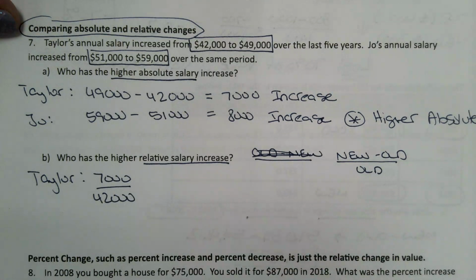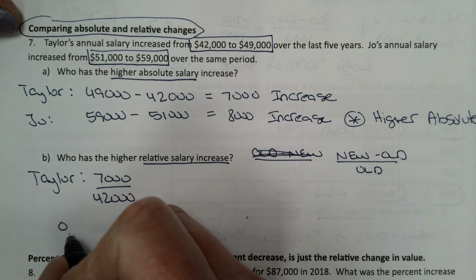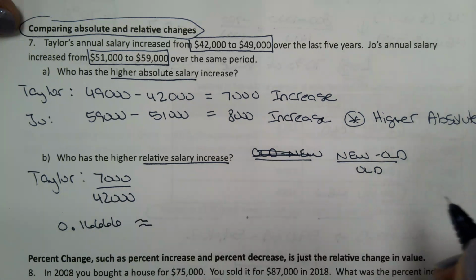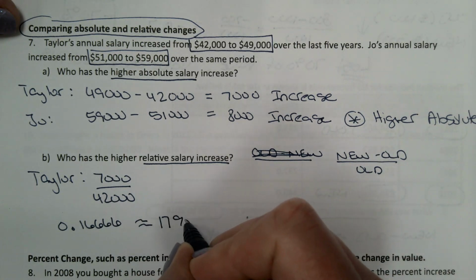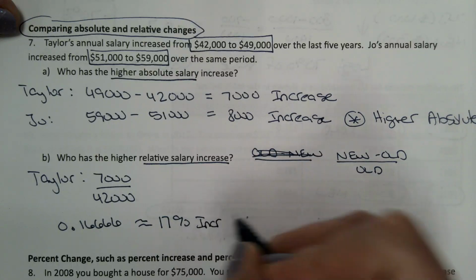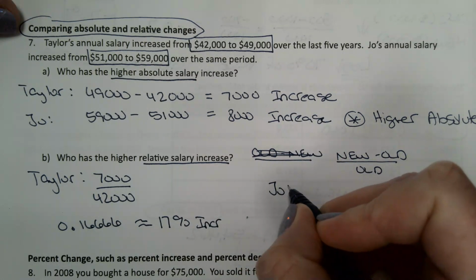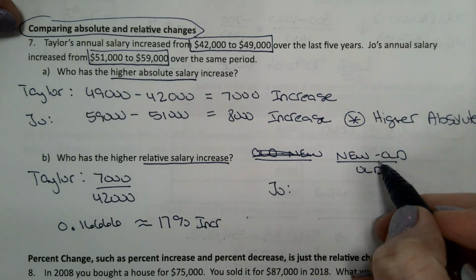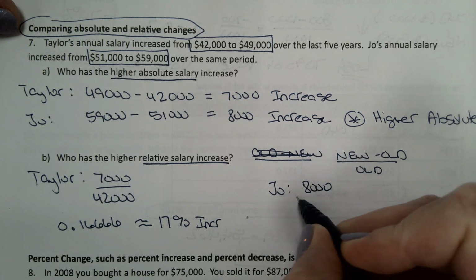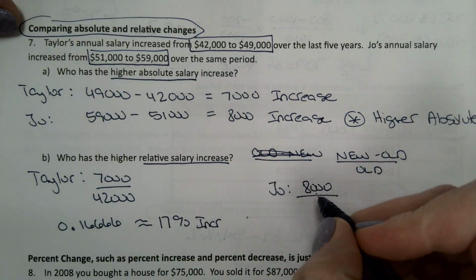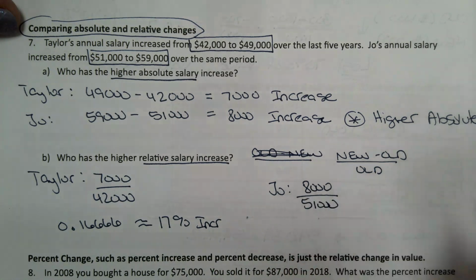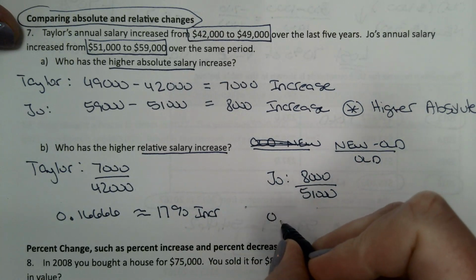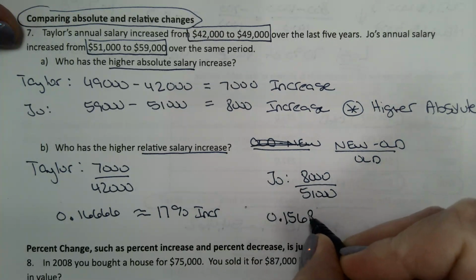And when I take 7,000 divided by 42,000, I get 0.166666. So I'm going to say that she has about a 17% increase. Joe's, when I do that, his new minus old, we just figured was $8,000, and his old salary is $51,000. When I divide these two numbers, I get 0.1568.